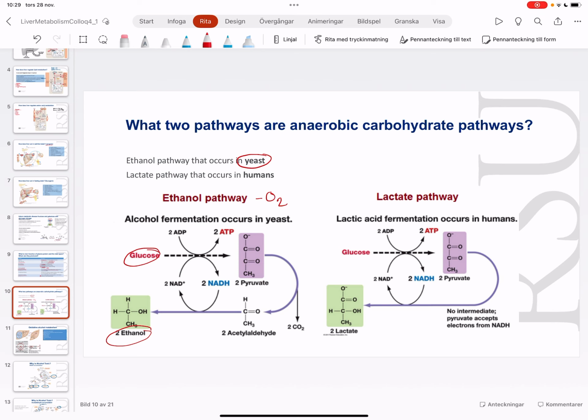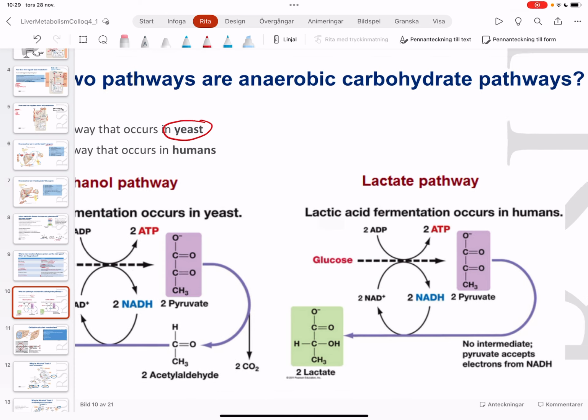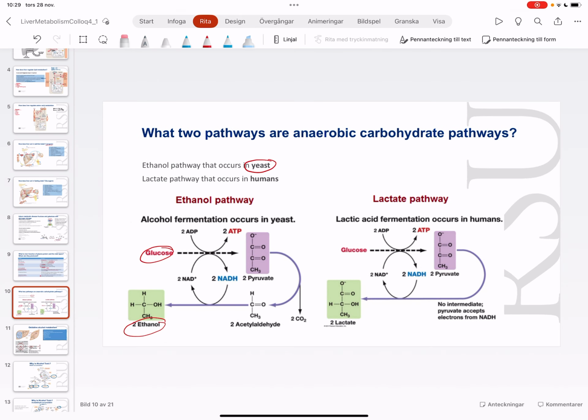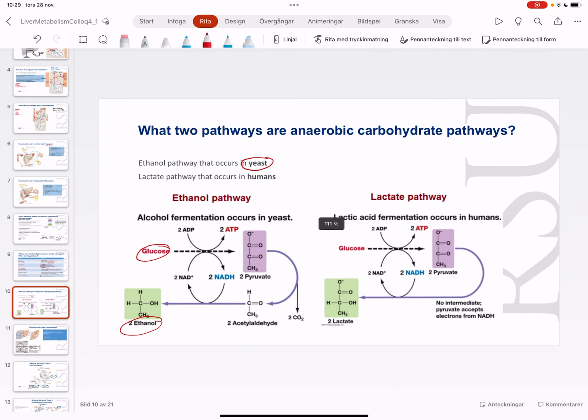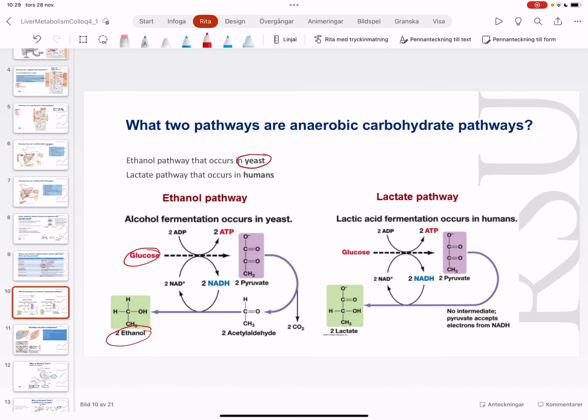There's no oxygen, that's why ethanol forms. But in humans, what can happen is glucose always converts to lactate in case of anaerobic conditions.